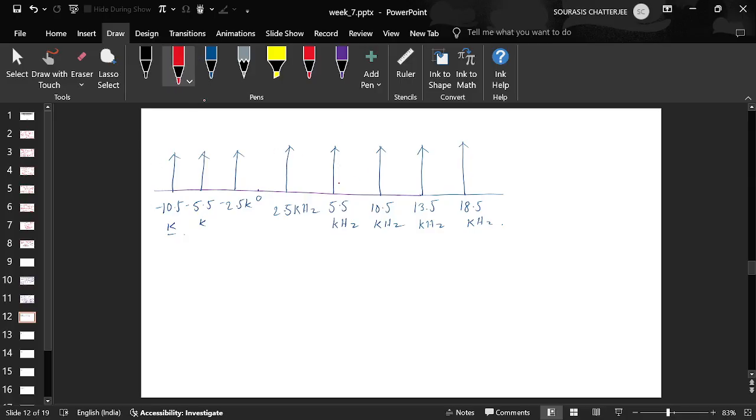The sampled signal spectrum is passed through a low pass filter of cutoff frequency 11 kilohertz, so 11 is somewhere here. This is the low pass filter, and this is its cutoff frequency.